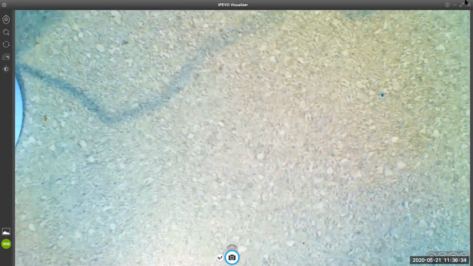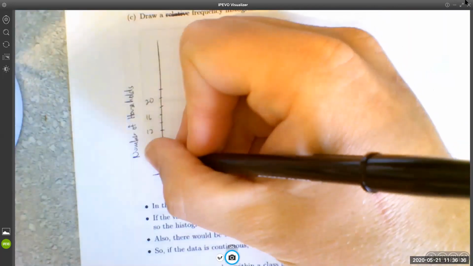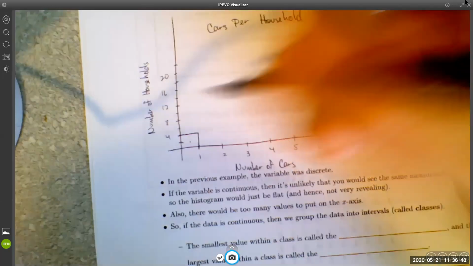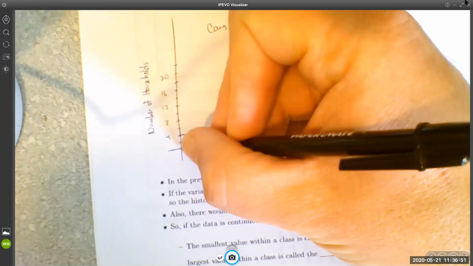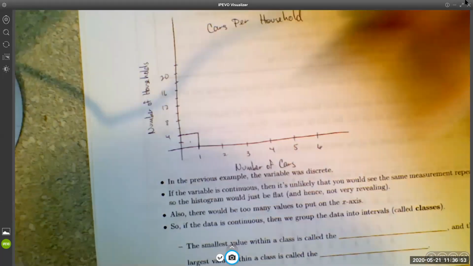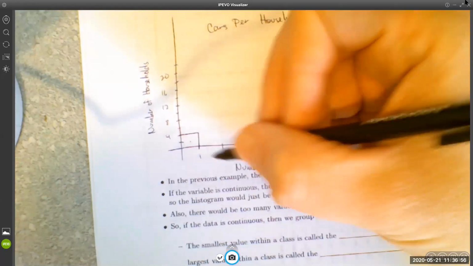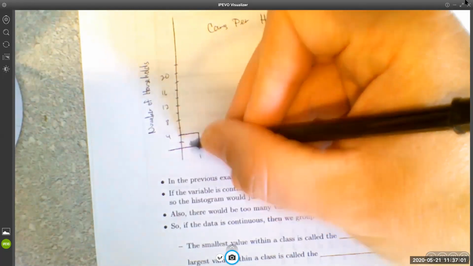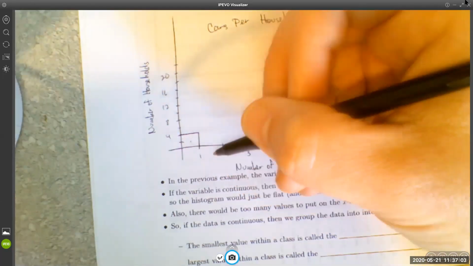So I'm going to draw a bar at 4 that goes from 0 to 1. That might seem a little strange at first, but you'll see why as we look at some more examples. Basically, this bar represents all of the households that had somewhere between 0 and 1 cars, not including 1. Since this is a discrete variable, it would just be the number of households that had 0 cars.